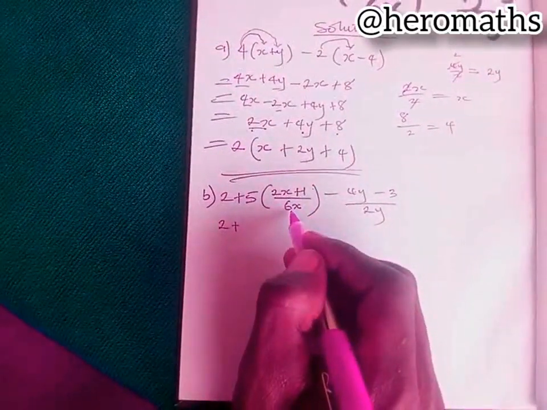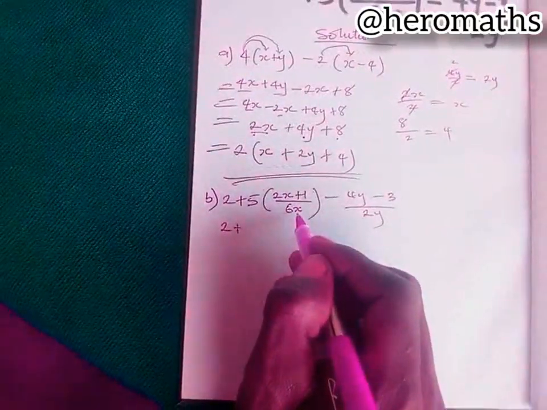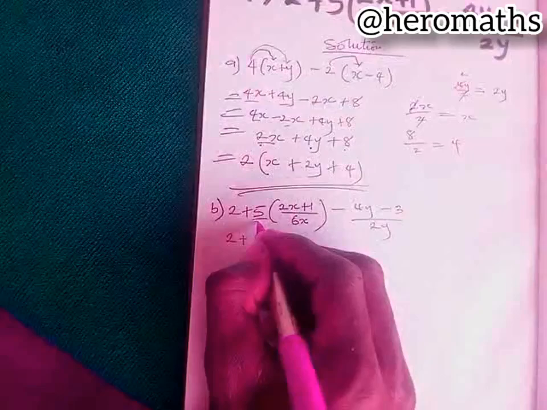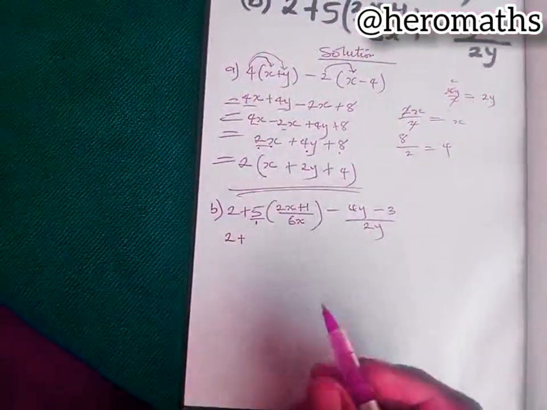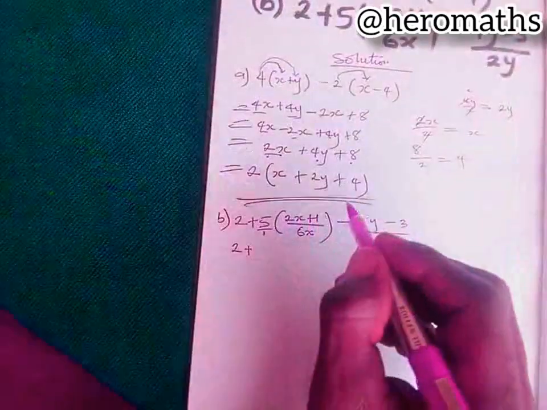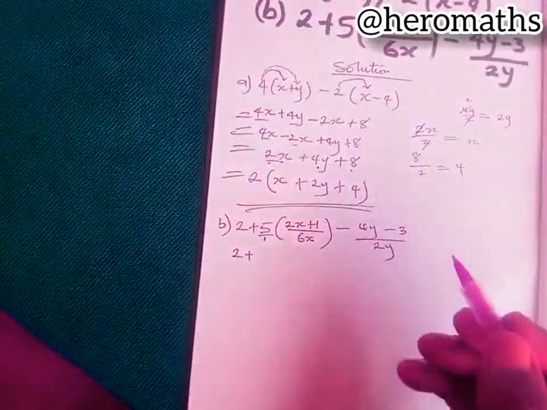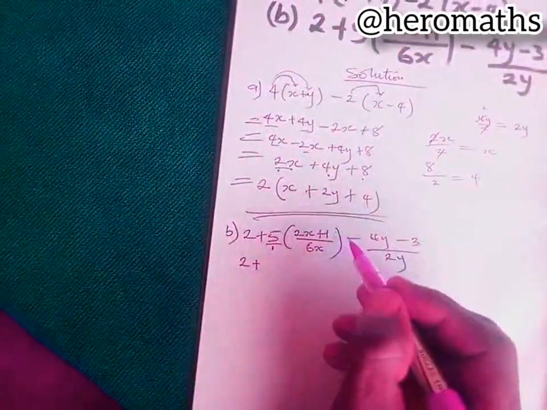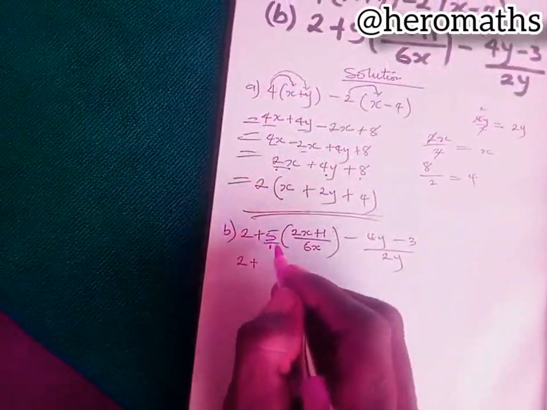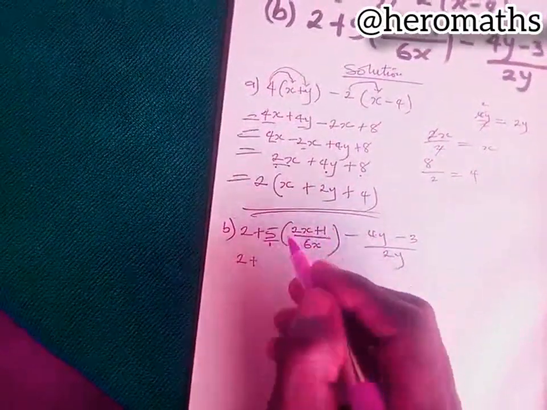It won't touch the 6x, which is down. Why? Because this 5 is divided by an invisible 1. So the top multiplies the top and the bottom multiplies the bottom. That is, 5 will multiply the top and 1 will multiply 6x. So this 5 will only affect the top.